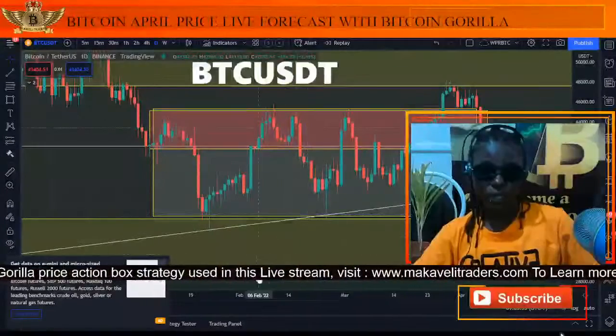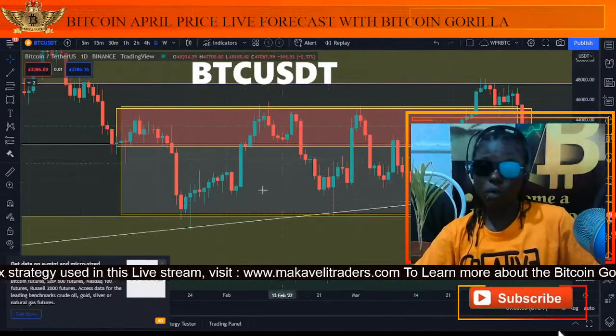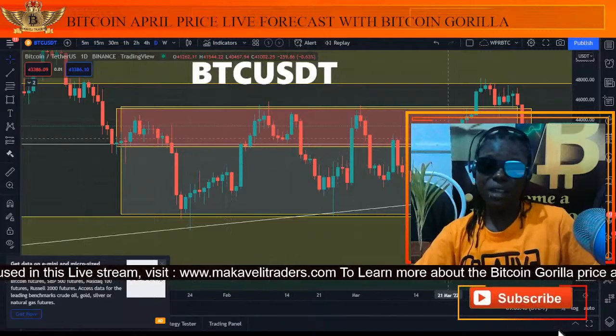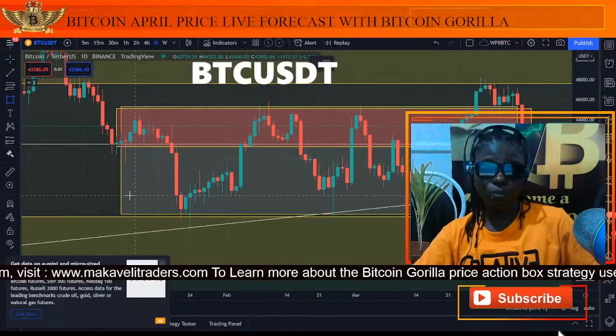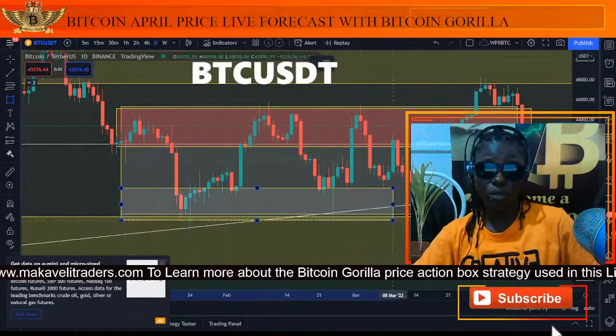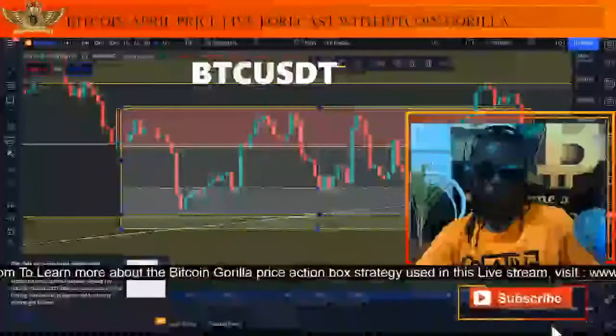Hopefully you can see the candles clearly, so I have to zoom in. So we want to understand what really happened here and why price on the daily chart is currently coming back. So I'm going to use the box strategy to explain what took place at that range.